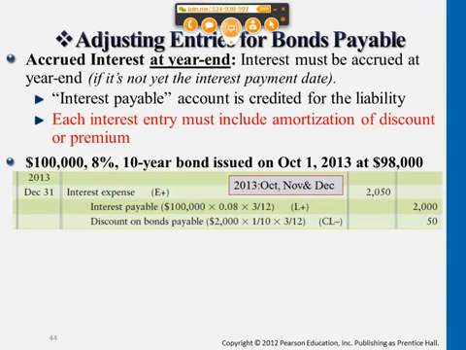Always, at the time when we adjust any part of the interest, we also take care of discount on bonds payable. So in this case, we only amortize discount on bonds payable for 3 months, for $50 only.